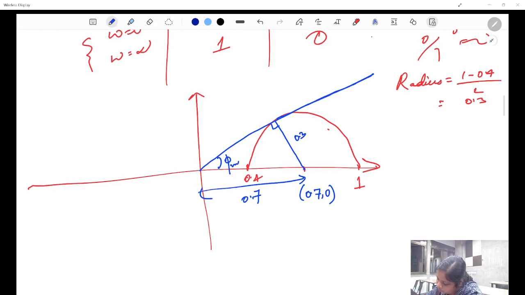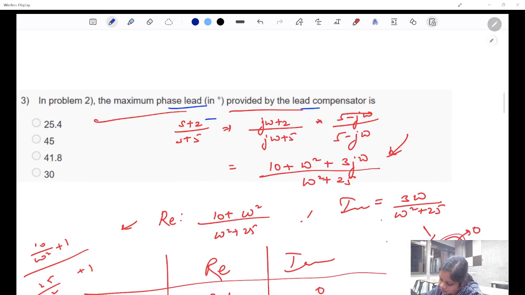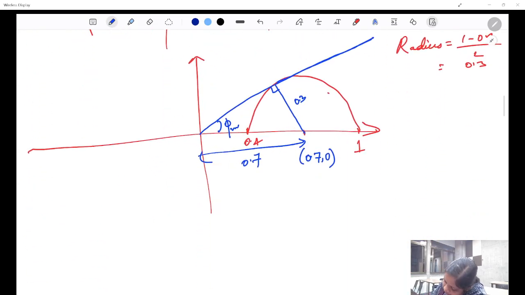So to find the maximum phase lead that is being provided, sine phi m is equal to 0.3 upon 0.7.